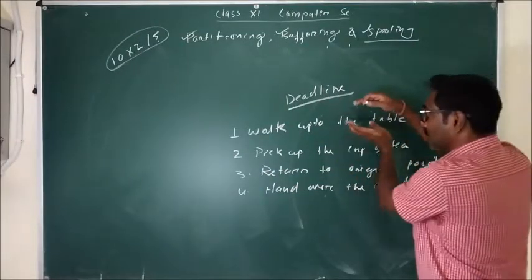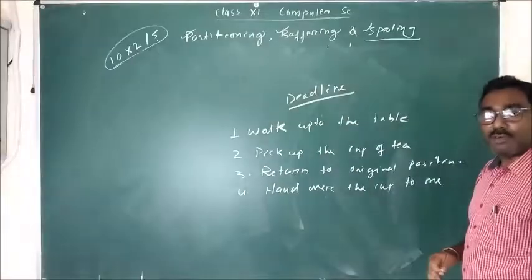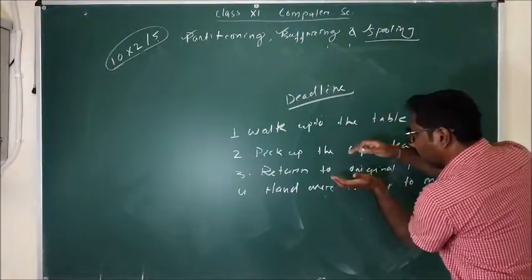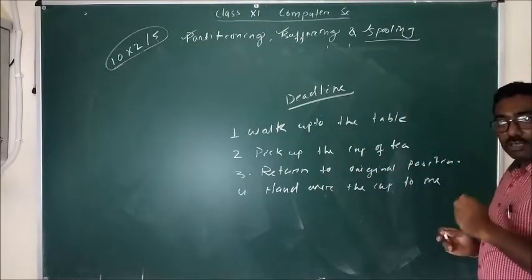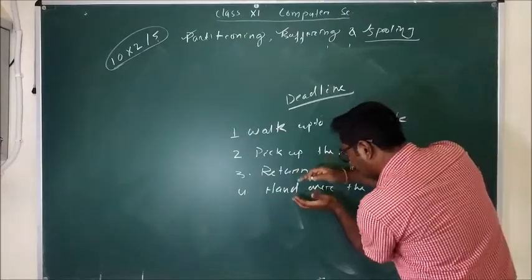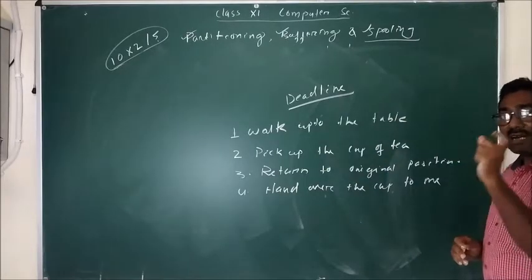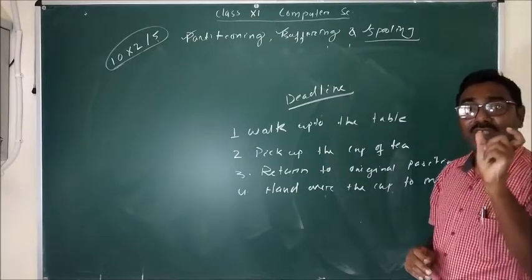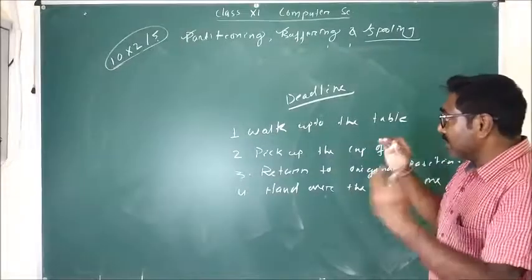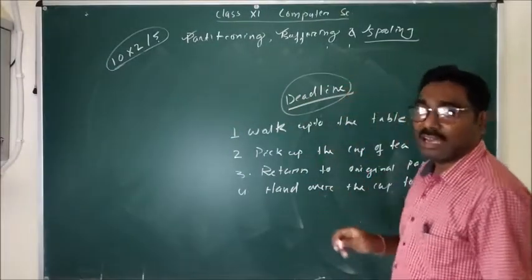Before picking up the cup of tea, it is unable to return to the original position. Without returning to its original position, it is not possible to hand over the cup of tea. So a specific period of time is needed for execution of each command. That time period is known as the deadline.